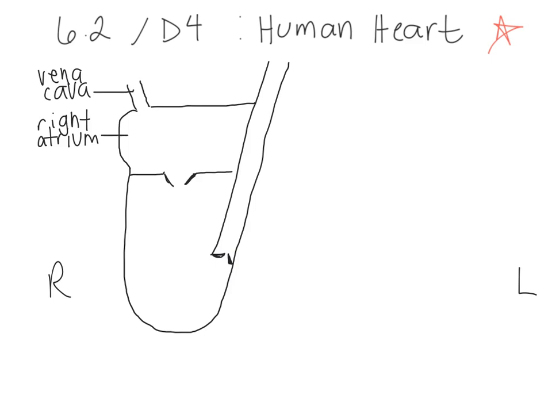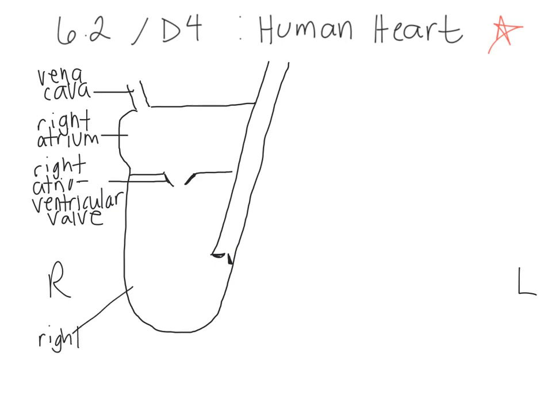The blood is going to go through a valve called the right atrioventricular valve. I don't have enough space here, it's all one word. There are all kinds of names for this valve. I like to call it the atrioventricular valve because it tells me what side of the heart I'm on and what two chambers it separates, the atrium and the ventricle. This is the right ventricle.